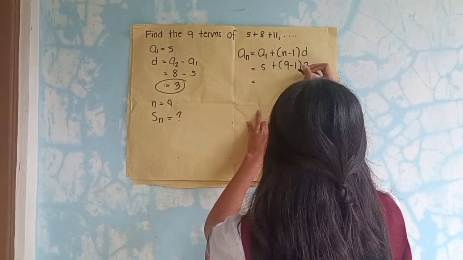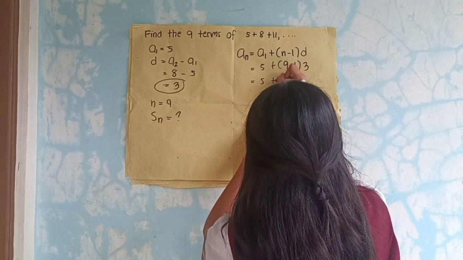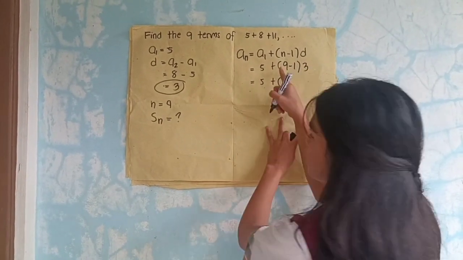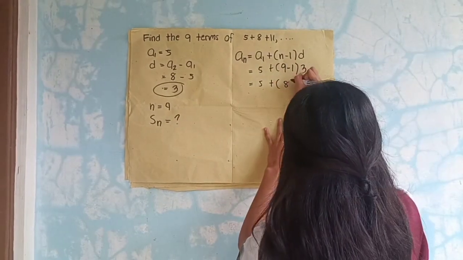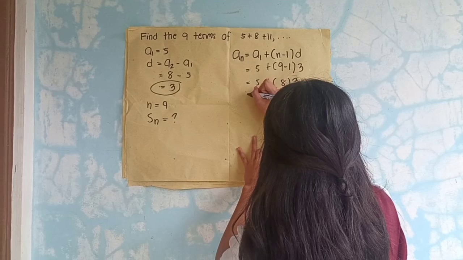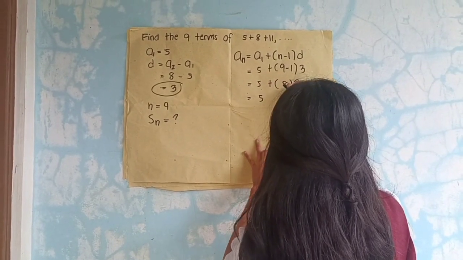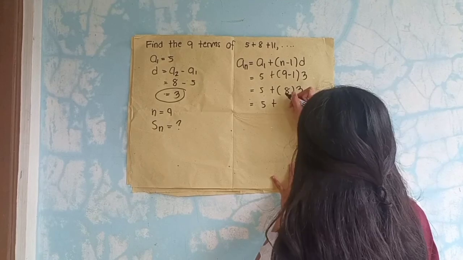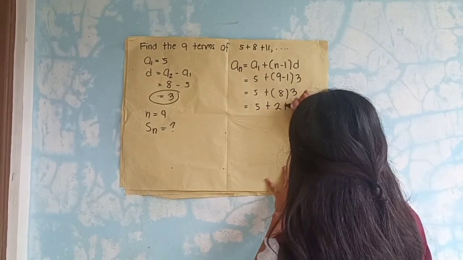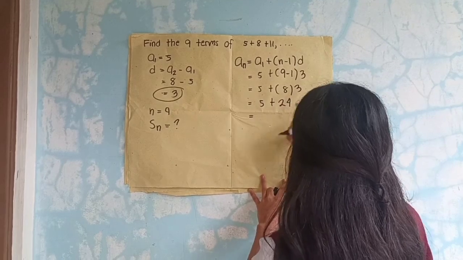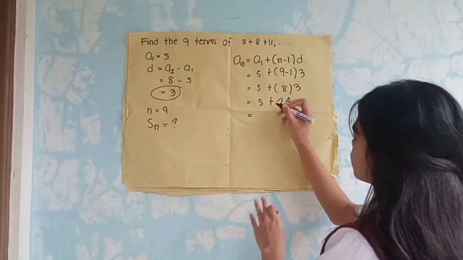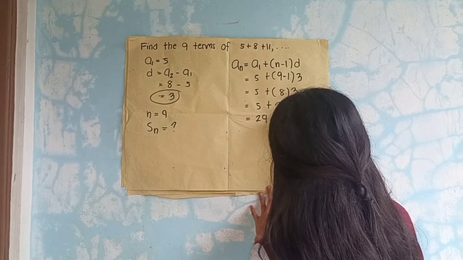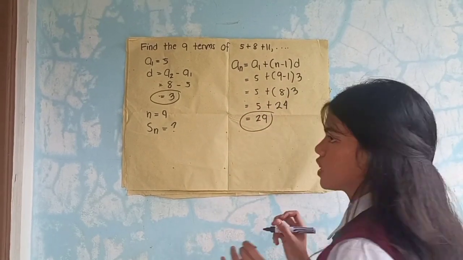That is 5, copy, and 9 minus 1 is 8 times 3, which is equal to 5, copy again, plus 8 times 3 is 24, and 5 plus 24 is 29. And that's our a sub n.